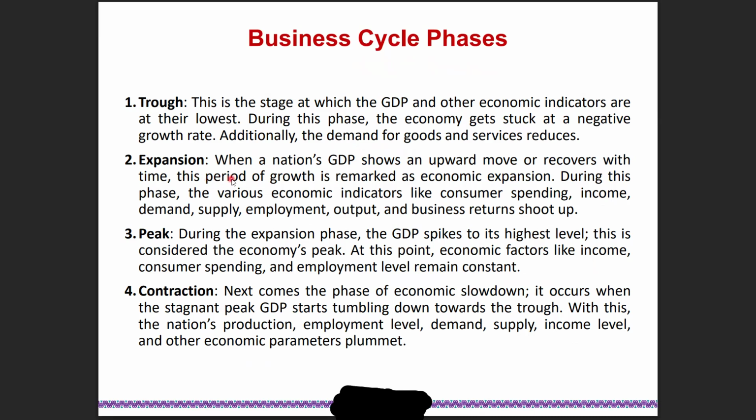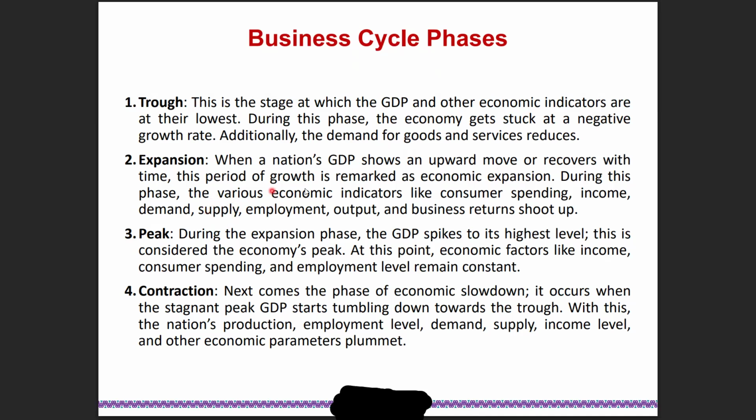During the expansion is where a nation's GDP shows an upward move or recovers with time. This period of growth is remarked as economic expansion. During this phase, the various economic indicators like consumer spending, income, demand, supply, employment, output, and business return shoot up, right? So we have consumer spending, obviously, because people have money, income increases, the demand for goods increases, as I mentioned, employment, and the supply increases.